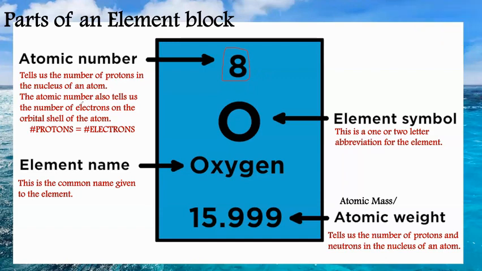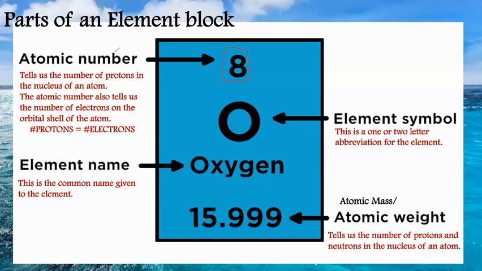Yes, ma'am. All right, because this atomic number also tells us a second piece of information: how many electrons there are inside an atom of the element. In essence, the number of protons is the same as the number of electrons. And where do we find the electrons?